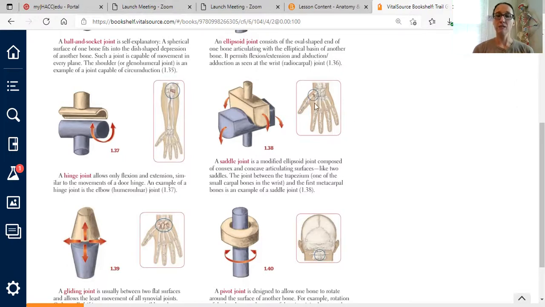Next, we have the saddle joint, and this one actually kind of looks like a saddle. It's a modified ellipsoid joint. So we have some of the kind of movement of an ellipsoid joint, but not all of it. It's where a concave and convex surface meet like this. They fit together. So the thumb is a good example of this.